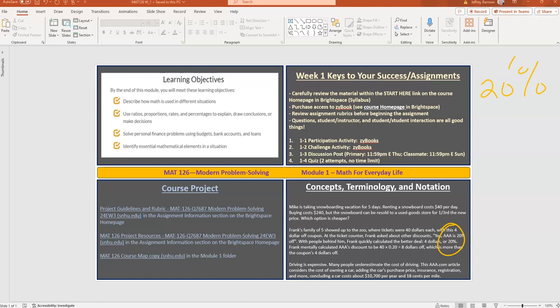This symbol, percent, really comes from 2 words, per and cent, and cent is the French word for 100. So if you think of 20%, another way to write that is 20 per 100. Equivalently, as a decimal, if we take 20 divided by 100, what we get is 0.20.